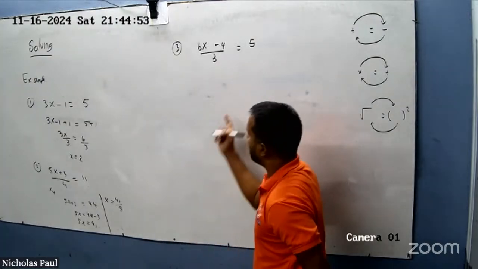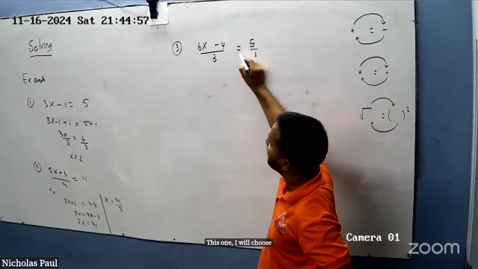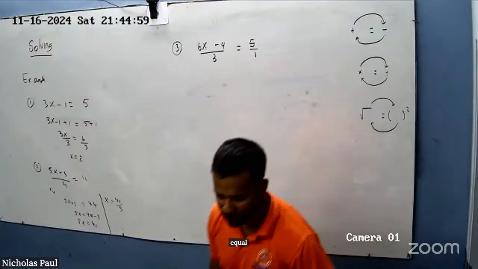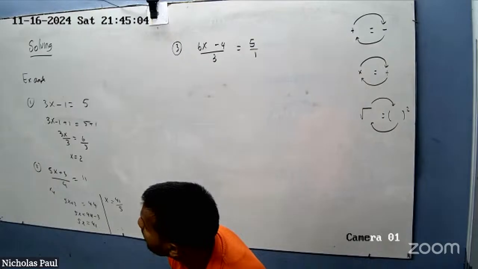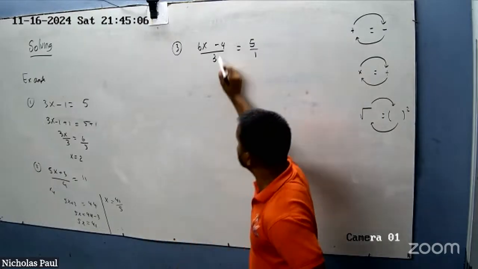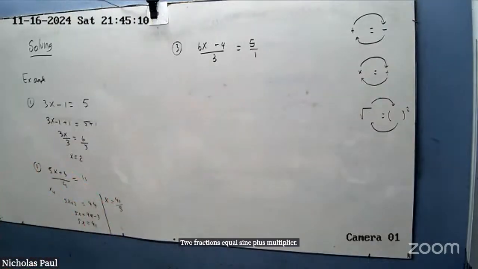This one I will choose: two fractions, equal sign, cross multiply.